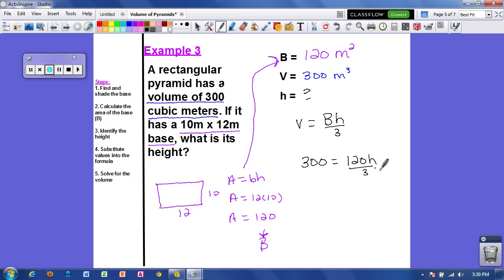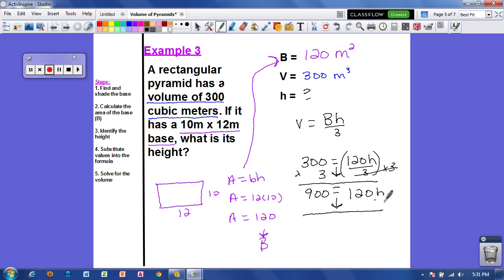Now, if I am dividing by 3 on this side, I want to use the inverse of that so that I can isolate this h. So if I'm dividing by 3, I want to multiply by 3 on both sides. This will cancel, and I'm only left with 120 times the height, and then 300 times 3 would be 900.